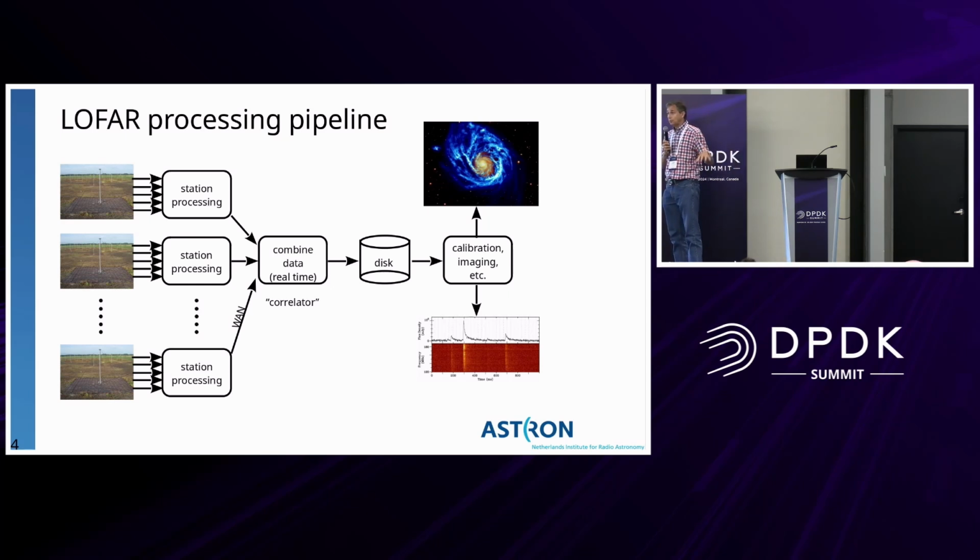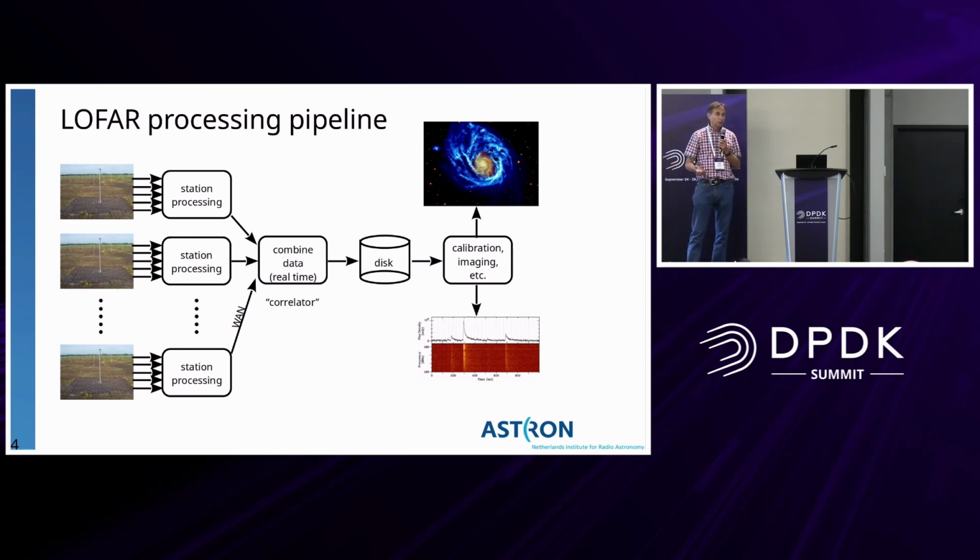And there we combine the data from these different stations in the field. Here the data rates are still high, and we need to do the processing in real time. Only after correlation, the data rates have been reduced so much that we can store them on disk.